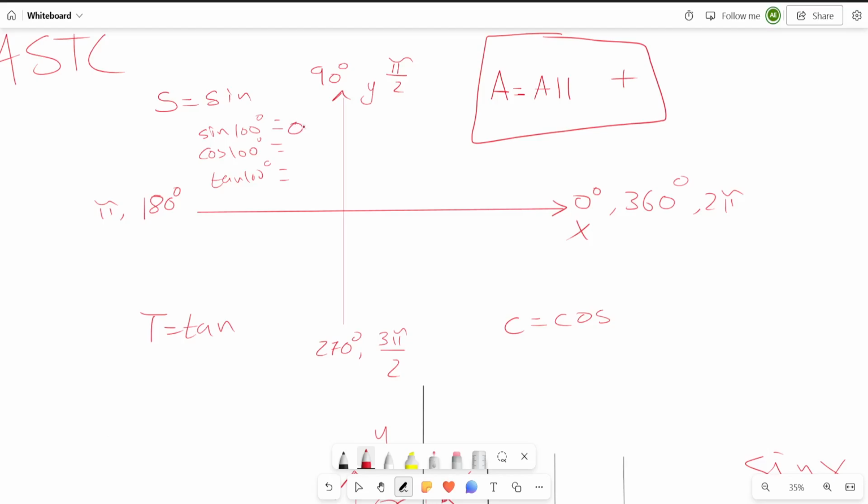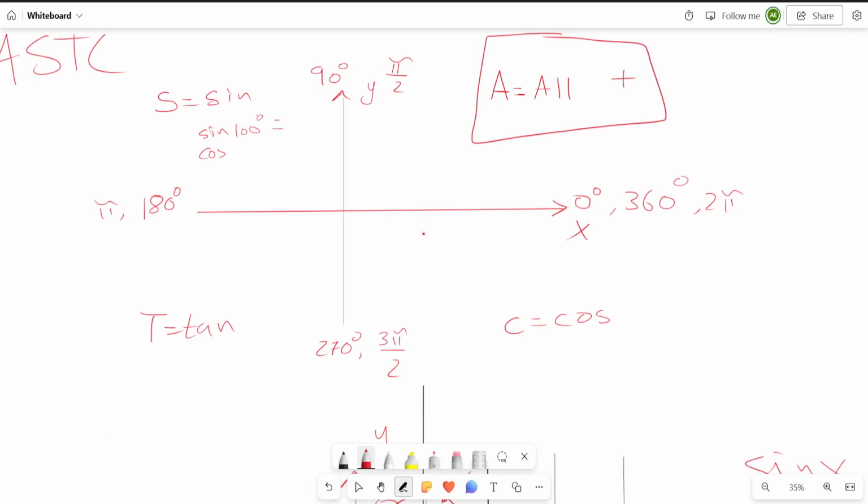So I can confirm when doing this on the calculator, sine gave me 0.98, cosine gave me negative 0.17, and tan gave me an answer of negative 5.67. So this is basically proving to you that the ASTC rule works and proving to you what we mean by the ASTC rule.